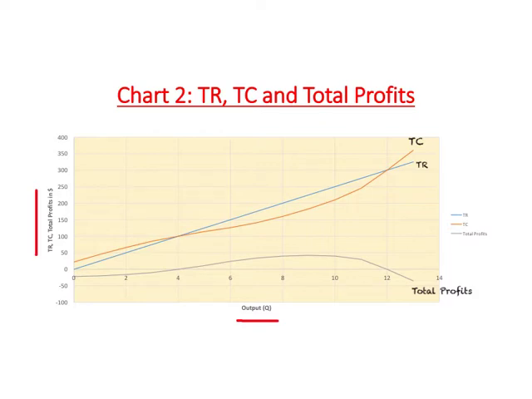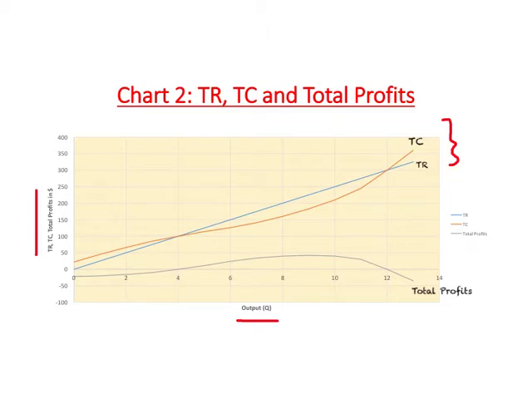Let us focus on the total revenue and total cost curves. We plot those points and join them, and we get a total cost curve and a total revenue curve. These curves show the relationship between total cost and output, and total revenue and output.